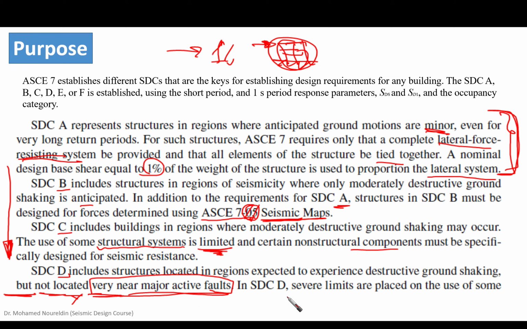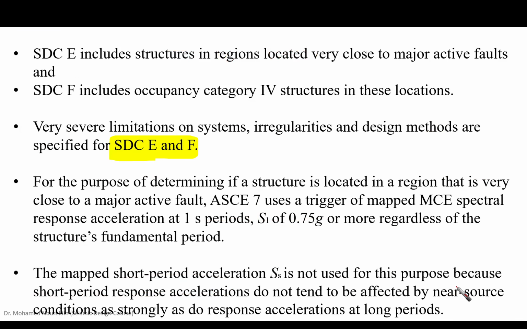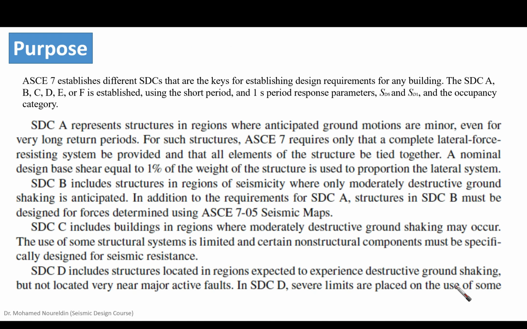In SDC D, severe limits are placed on the use of some buildings. Maybe part of the wording is not highlighted here, but anyway, we understand that severe limits would be placed on the use of some buildings.